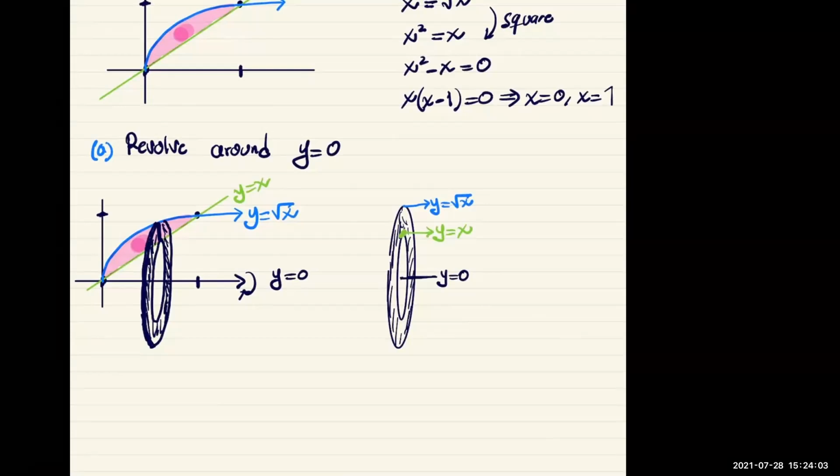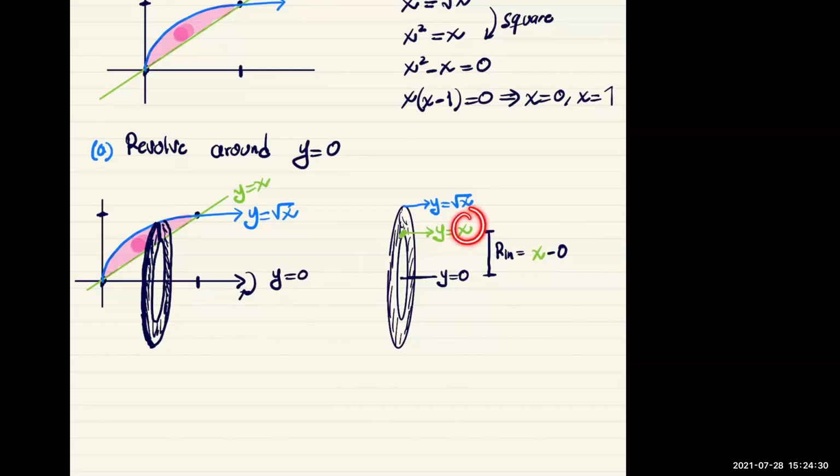All right, so let's do it. The inner radius, R in, is equal to top minus bottom, x minus 0, always. Okay, so the bigger y minus the smaller y.